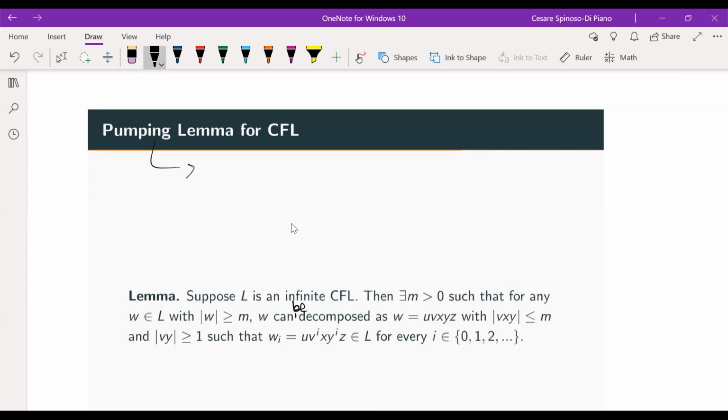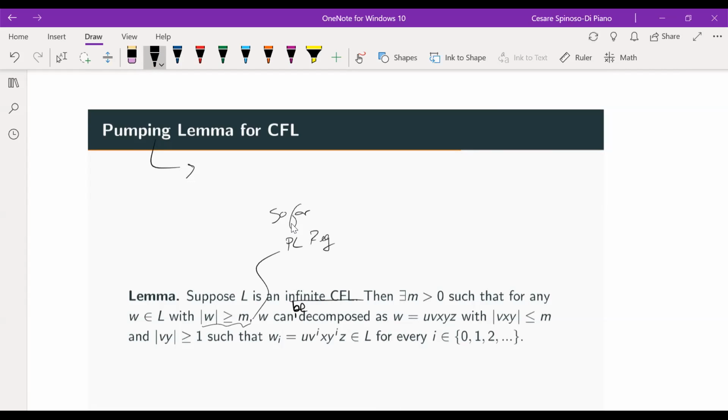The lemma says that suppose L is an infinite context-free language. Then there exists an m greater than 0 such that for a string w in L with its length greater or equal to m, so far it looks like the pumping lemma for regular languages. So far.